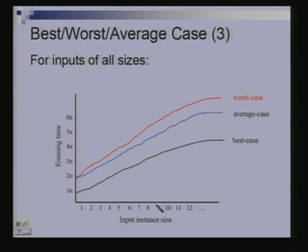For each input size, suppose I could figure out what the worst case, best case, and average case were, then I would get such monotonically increasing plots. Yeah. Why is that? It's clear that as the size of the input increases, the time taken by your algorithm will increase. It's not going to happen that if your input size becomes larger, it takes less time.